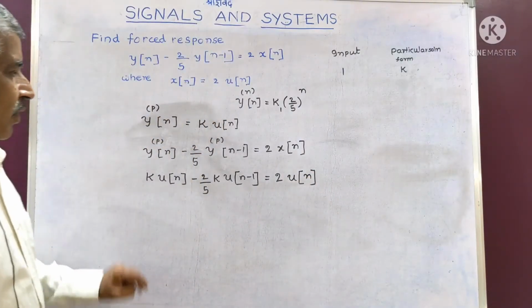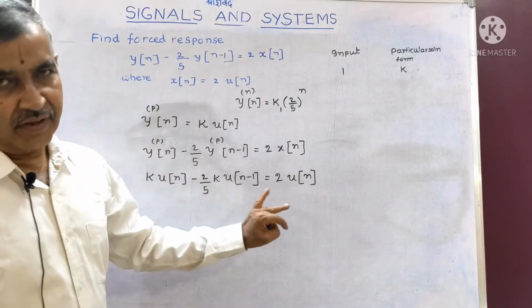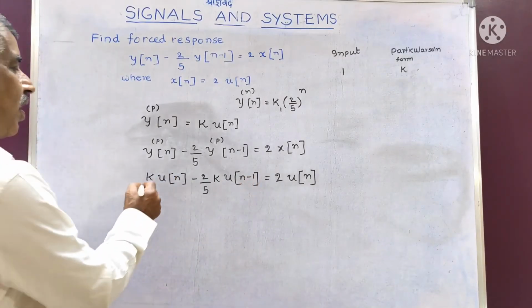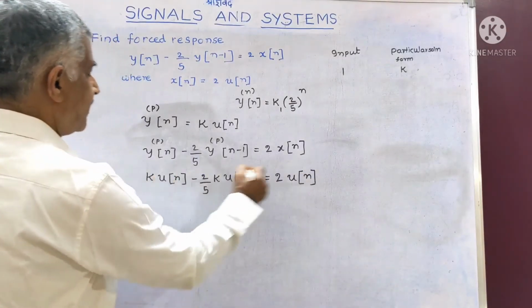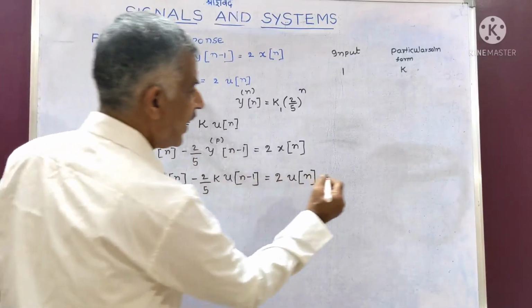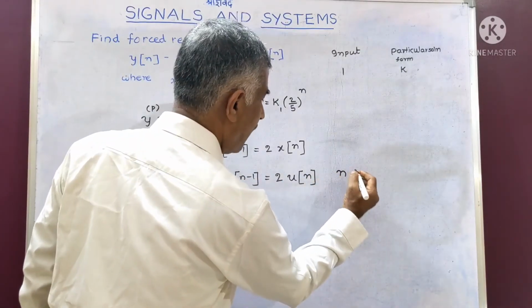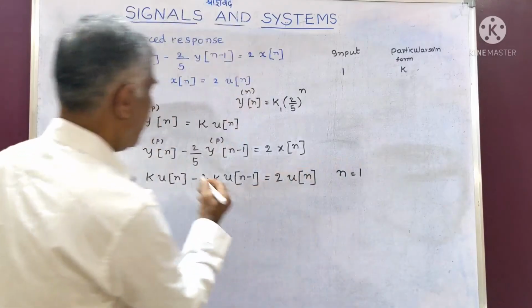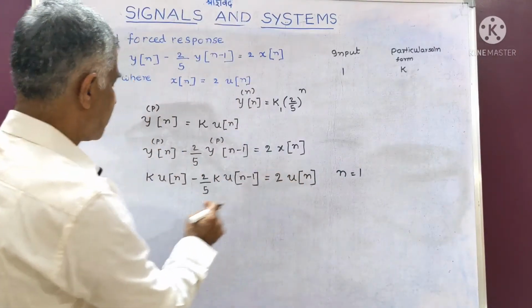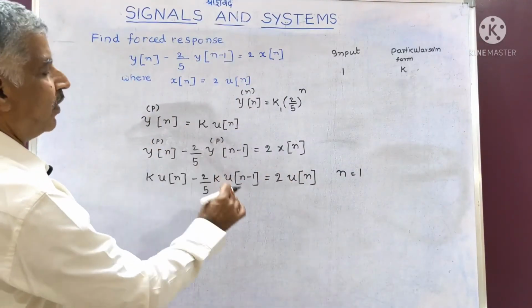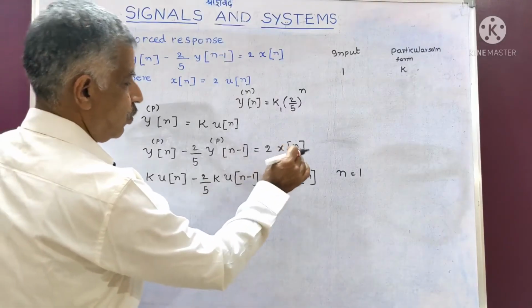Now I will take a value of n such that all 3 terms exist. If I take n equal to 1, then all 3 terms exist: u of n, u of n minus 1, and u of n.